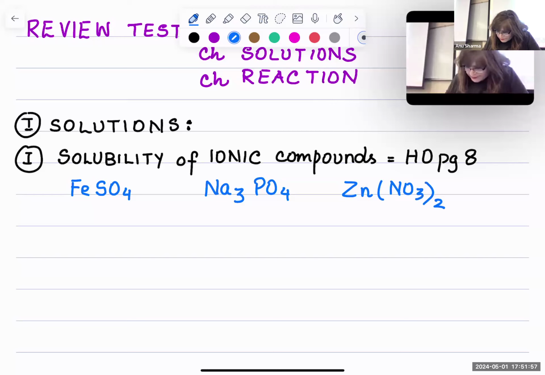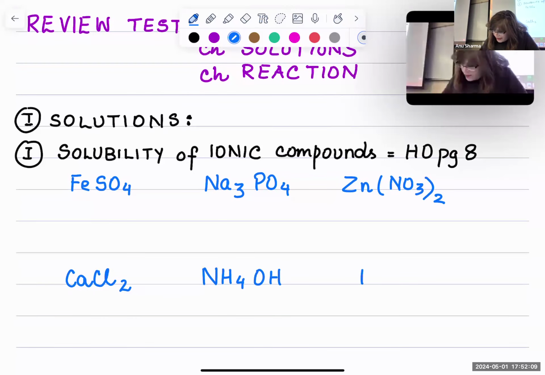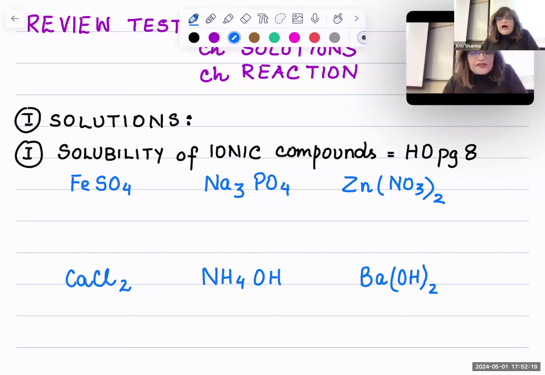Next is calcium chloride, CaCl2, NH4OH, then Ba(OH)2, something like this. So now you guys tell me, based on these, which one is soluble and which ones are insoluble.